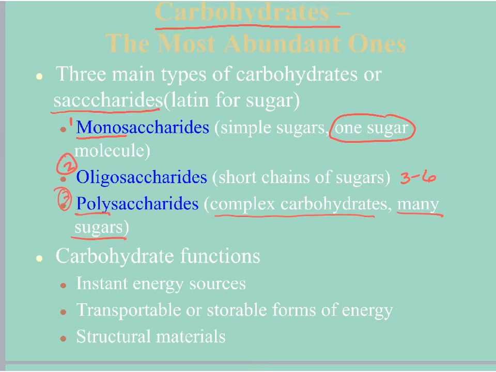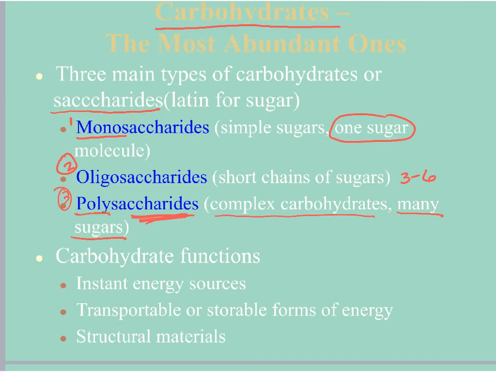Even the long chain carbohydrates, the polysaccharides, those are going to be used for instant energy as well. But those polysaccharides, because they're so long, imagine like 1,000 carbon atoms in a chain, right? Those are going to last a little bit longer.